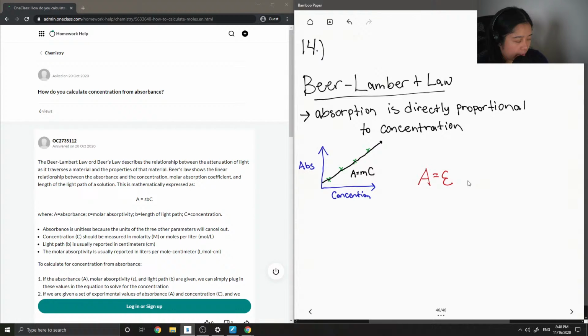So I'll write out the actual equation here, and then I'll define what all the terms mean. So C, as you can guess, is concentration. And we mentioned A to be absorbance, which is unitless. E is something called molar absorptivity.